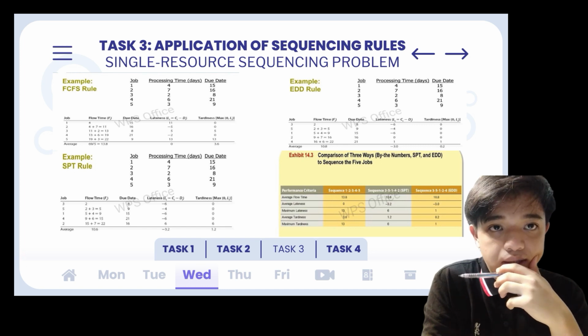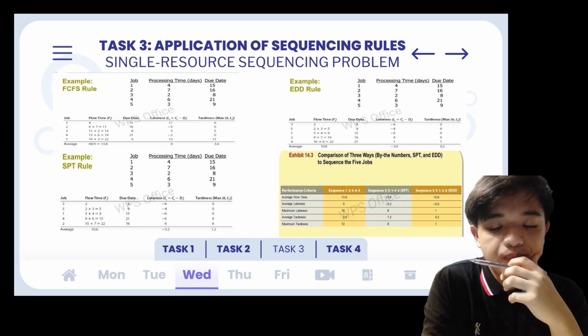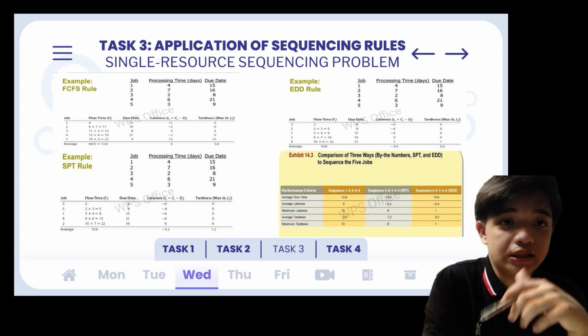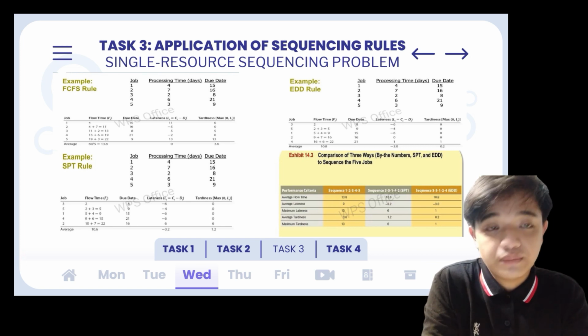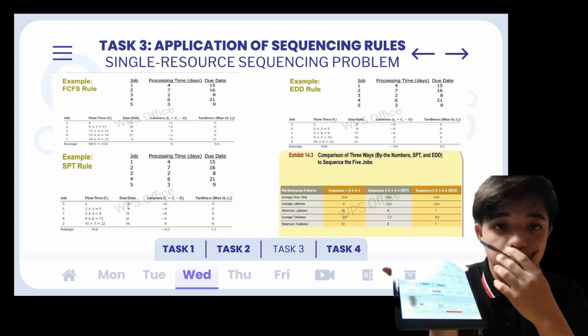So next na tayo sa next rule is SPT rule or short processing time. Ito naman yung nakafocus sila sa processing time, kung sino yung pinaka-least or sino yung pinaka-mababa. Is yun yung unahin nila sa sequence ng application sa sequencing. So for example, na mas makita nyo sa table, sa table 1 is 1, 2, 3, 4, 5 yung order niya.